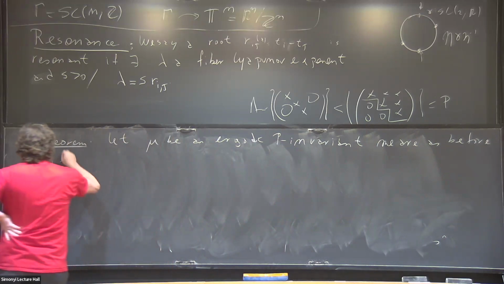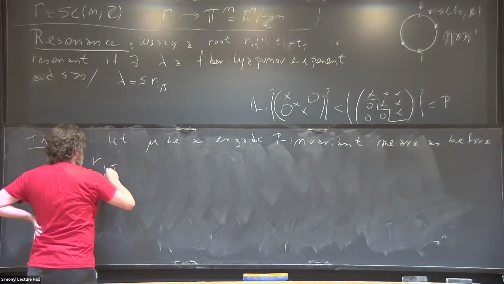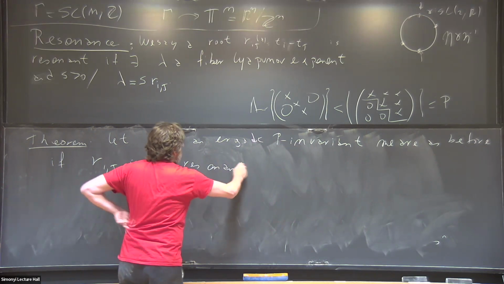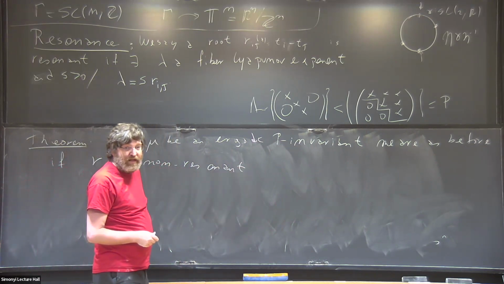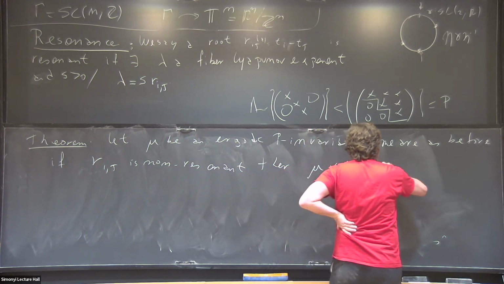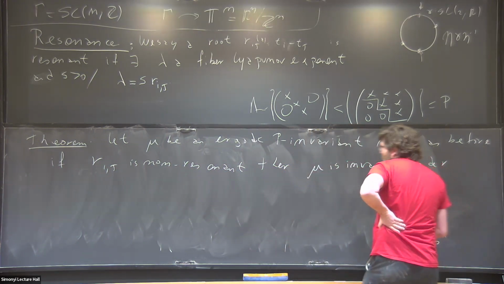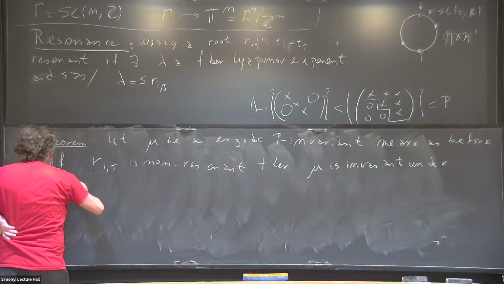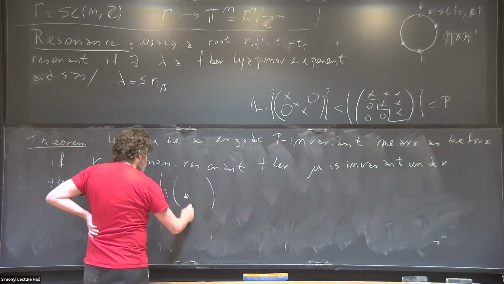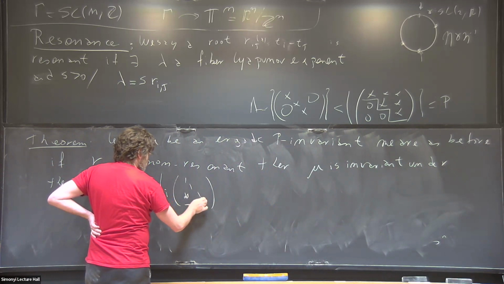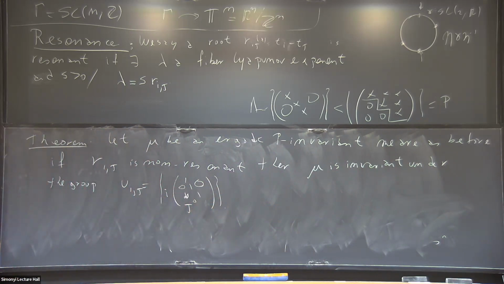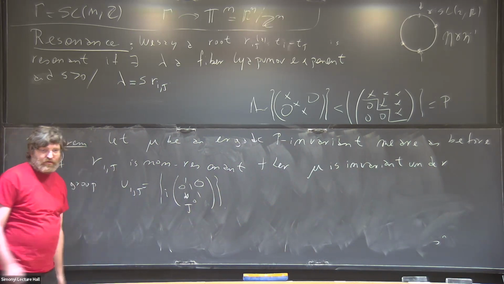So if R_ij is non-resonant, meaning it's not resonant with any Lyapunov exponent, then mu is invariant under the group U_i, the root group associated to that.